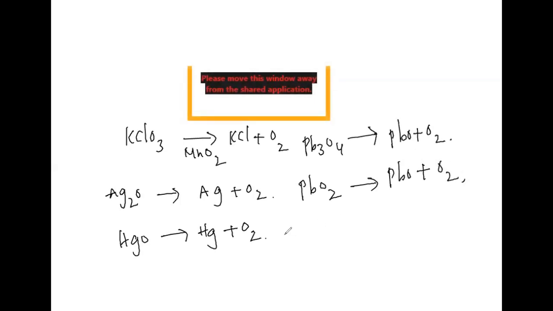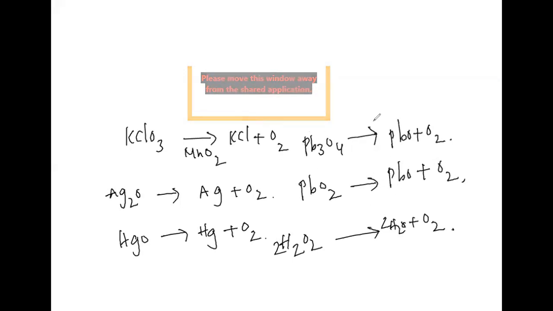Right. Even by the decomposition of hydrogen peroxide, that is 2H2O2, on heating it is giving 2H2O plus O2. But whatever the reactions we are using here, it gives a very less quantity of oxygen.